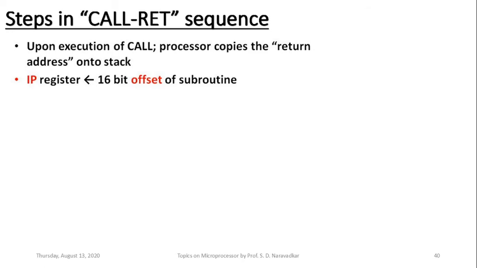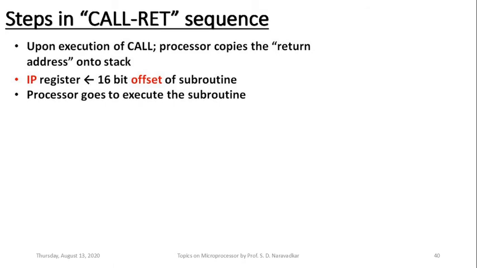Then the second step, appearing on your screen: the 16-bit offset address of the beginning of that subroutine will be loaded to the instruction pointer register, the new value copied to the IP register. And once that new value is copied to the IP register, the processor subsequently goes to execute that particular subroutine.